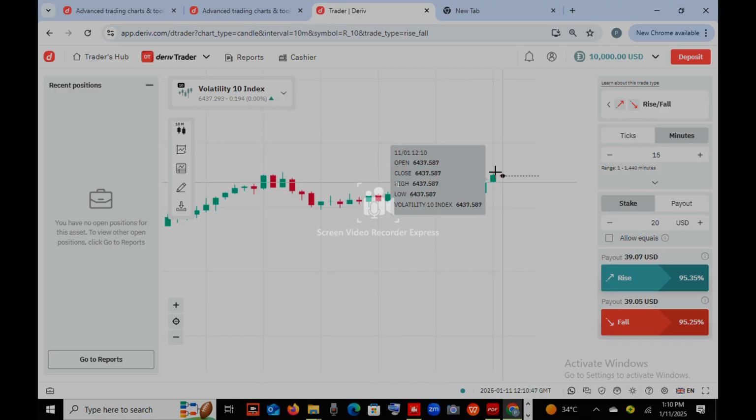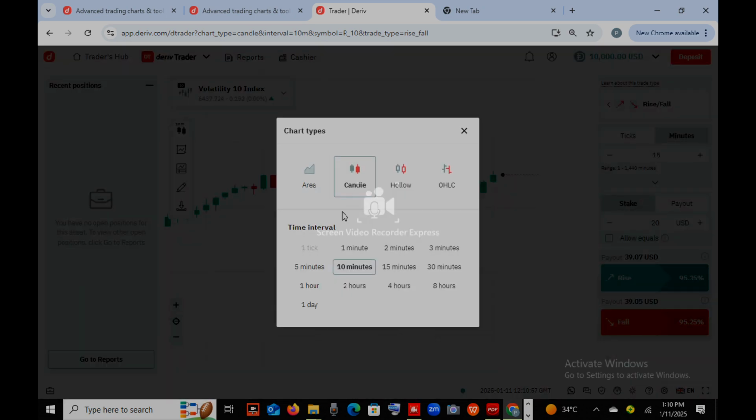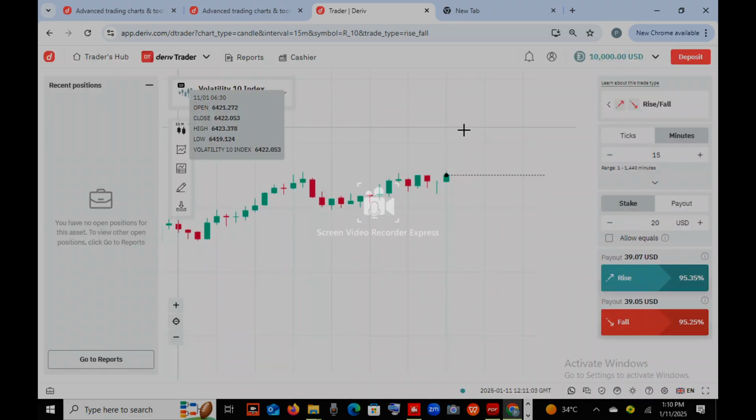So this market is going to likely come back down with this rejection we are seeing on a 10 minutes candle. However, let's also validate that, checking on a 15 minutes candle to see its time frame.